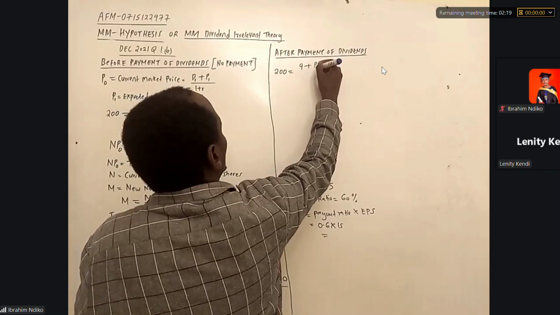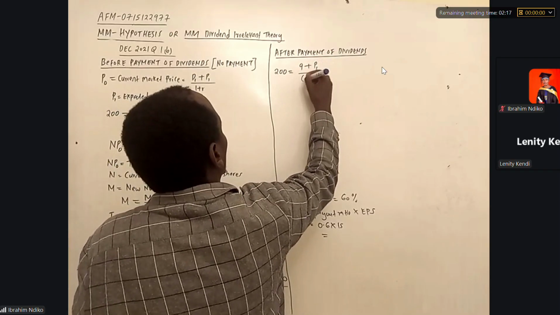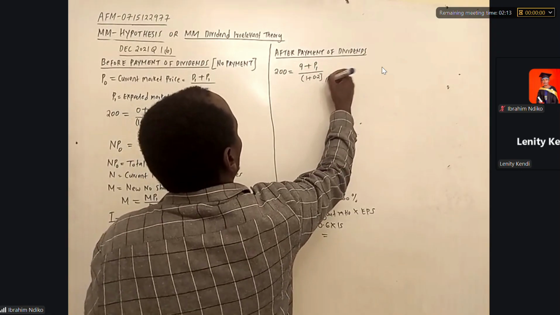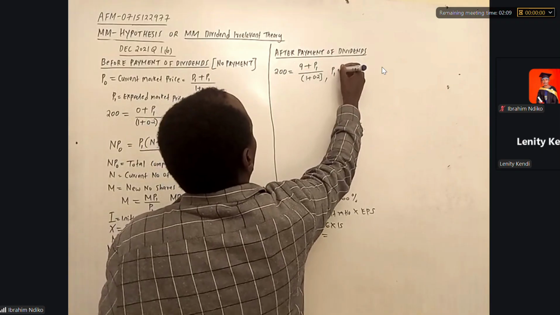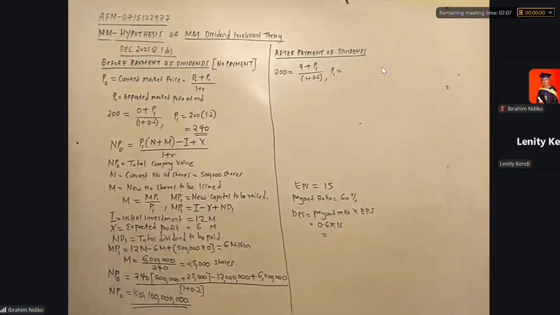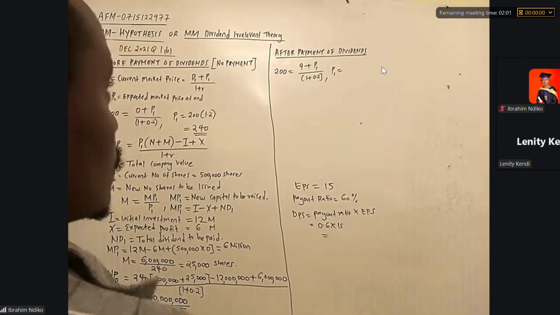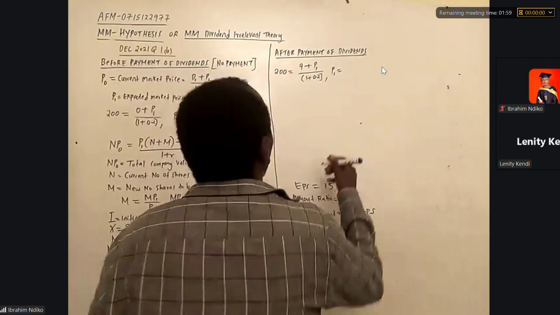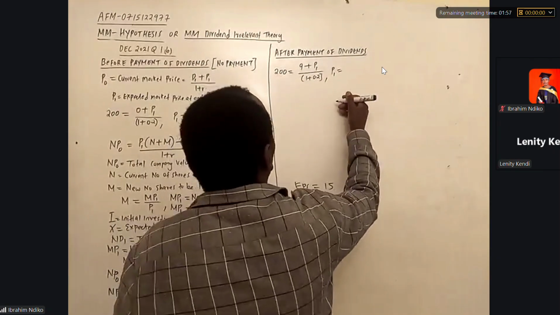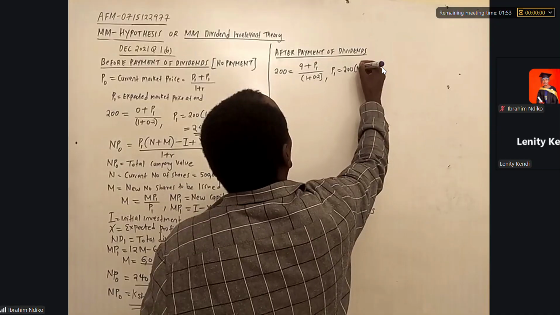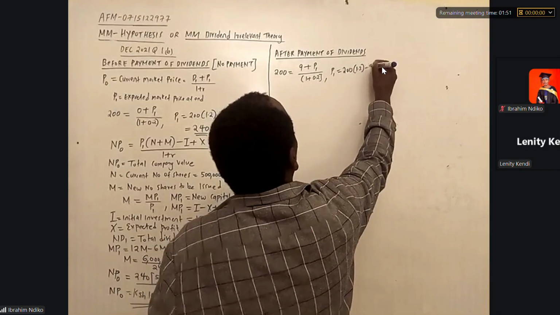You have to give P1, then 1 plus 0.2. So what would be P1? P1 will be 200 times 1.2 minus 9, right?